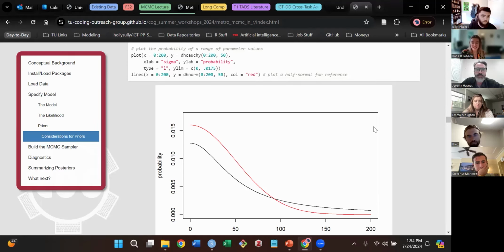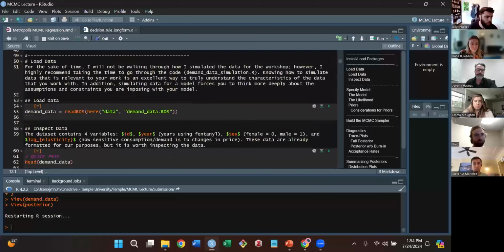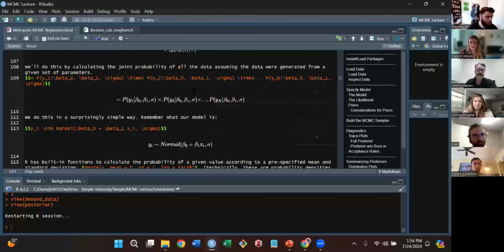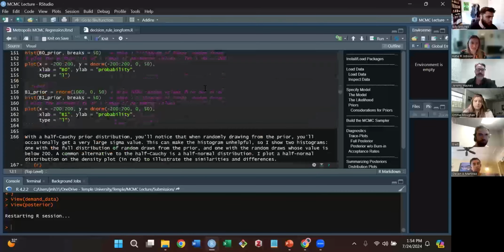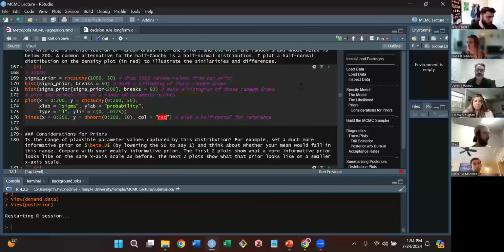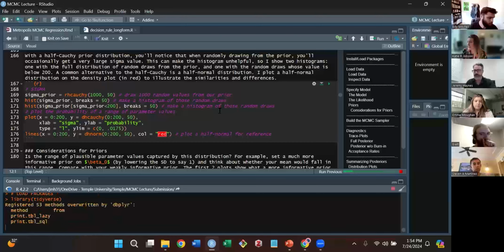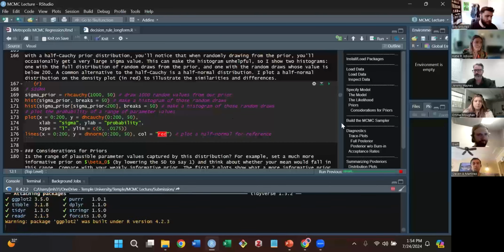I didn't even know that the plus would work for that. Yeah, it'll add it onto the plot. If you run them all together in the same line, it should work. Do I have to run the chunk? Yeah, that's generally it. Can you see my code? Yeah, we can see that.